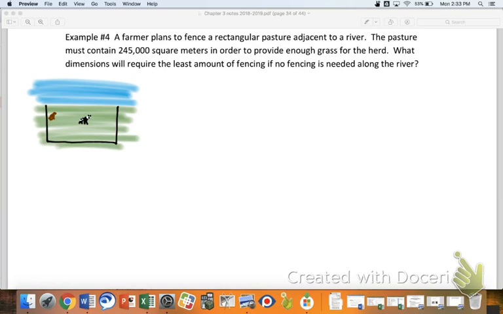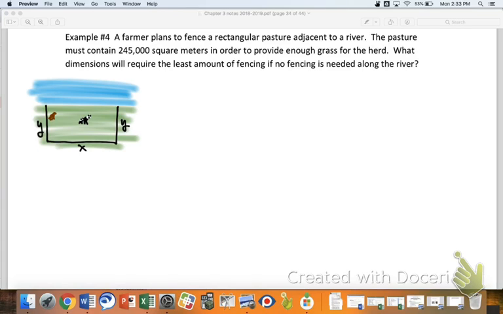Well, let's talk about that. Are you guys okay with this? If we put a Y and an X right there, Y up and down makes sense to me, X left and right makes sense to you. In the end, we're going to say that Y should be this and X should be that.